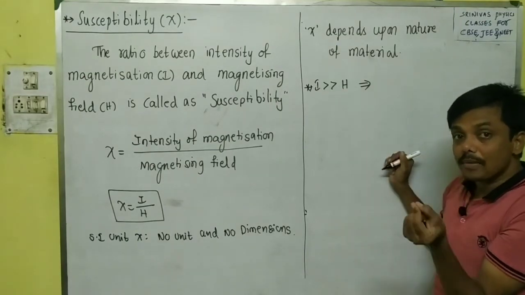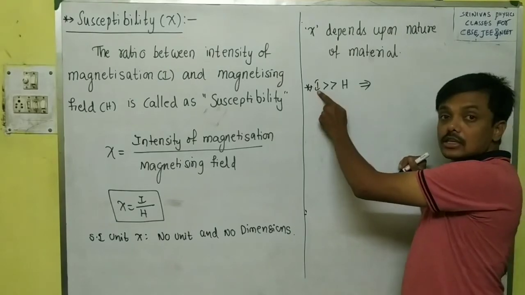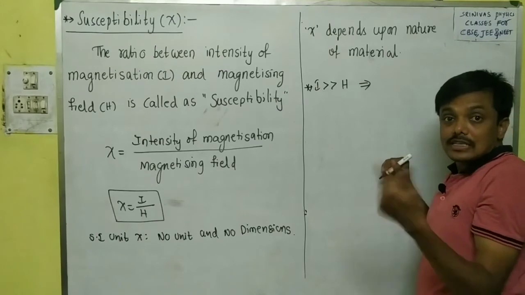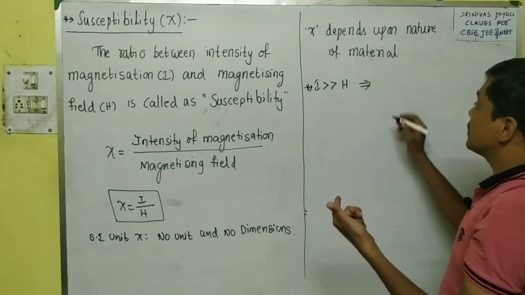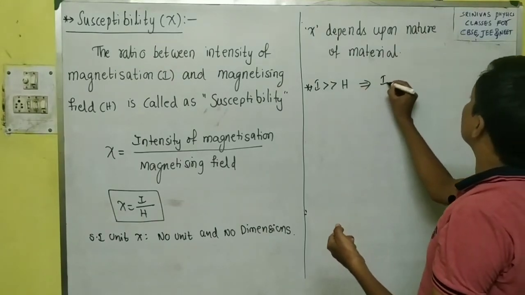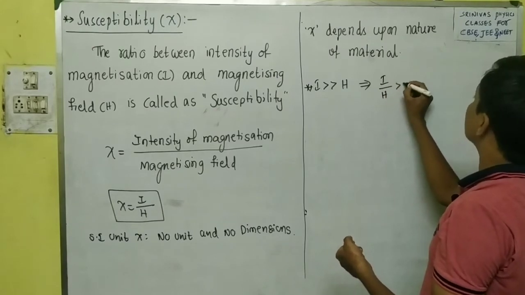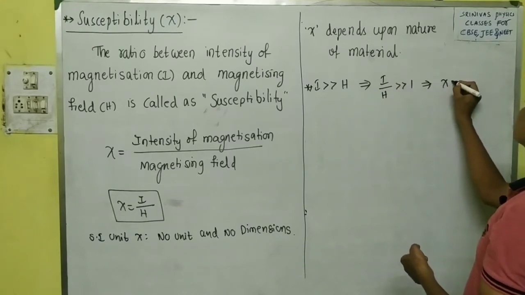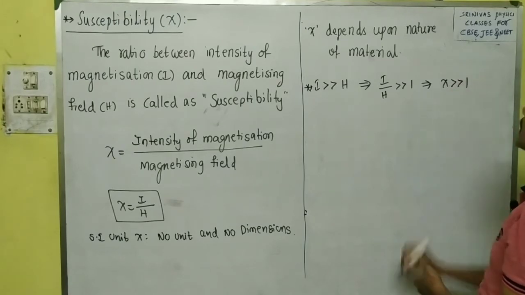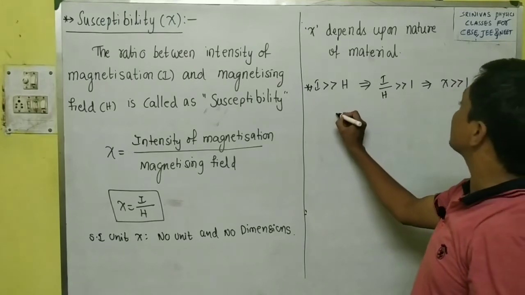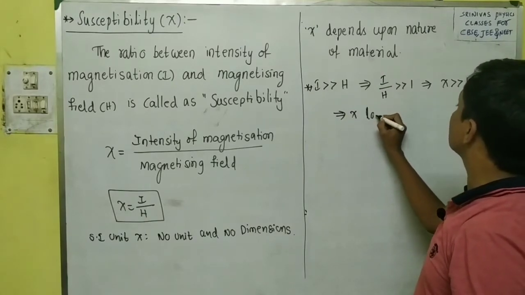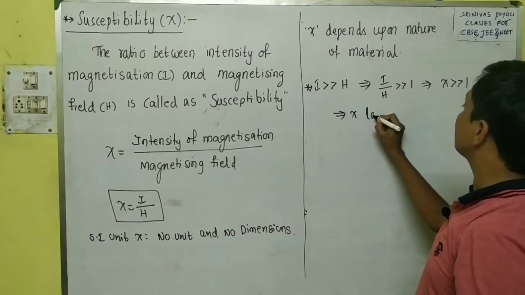For a small applied field, the magnetization is more and a large induced magnetic moment is there. That means it can easily convert into a magnet. In such a case, I by H is greater than 1. This I by H is the susceptibility, so susceptibility is greater than 1, that is, the susceptibility is large.